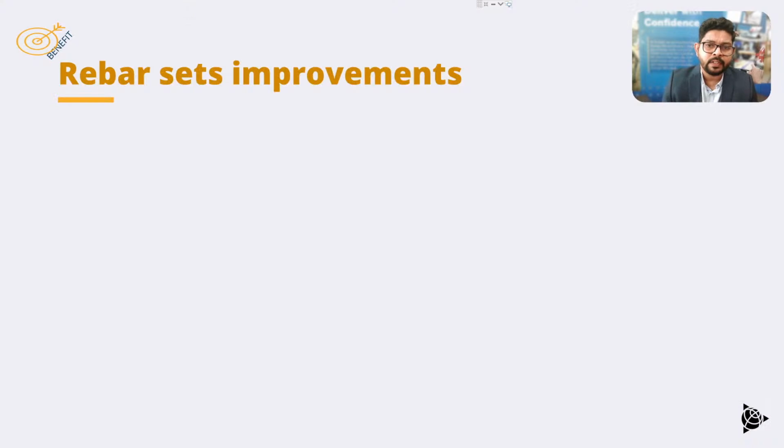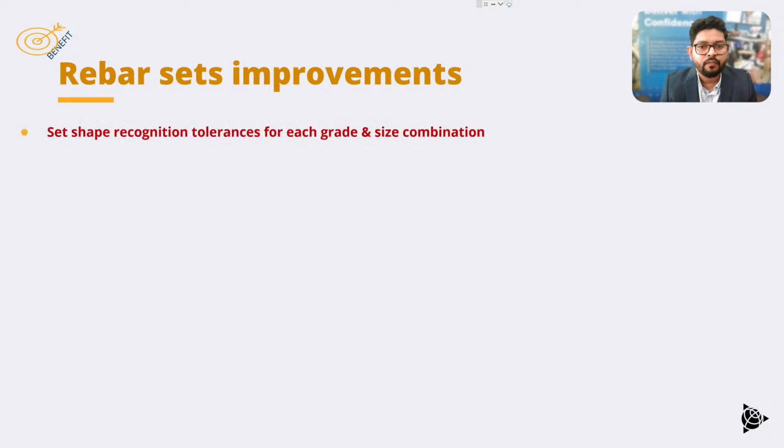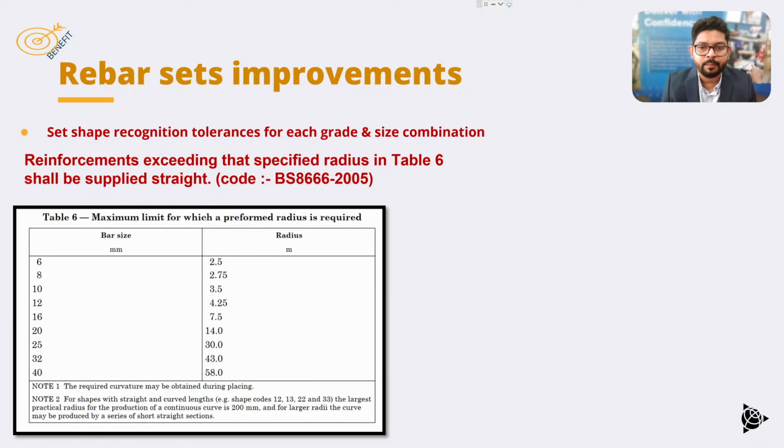And adding to this function, we can also configure this shape recognition based on a set tolerance for each grade and diameter combination. So to pull out a real use case, I'm just going to show you Table 6 from the BS 8666 2005 code.